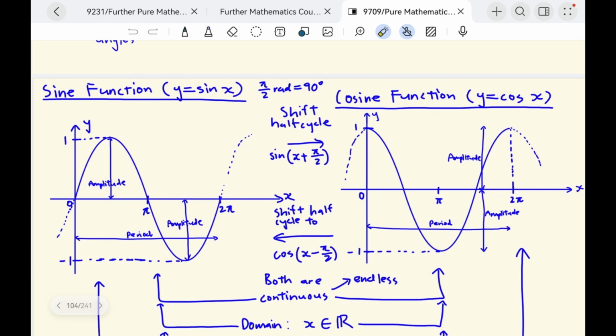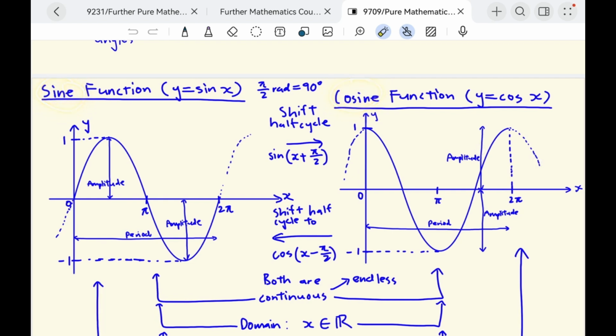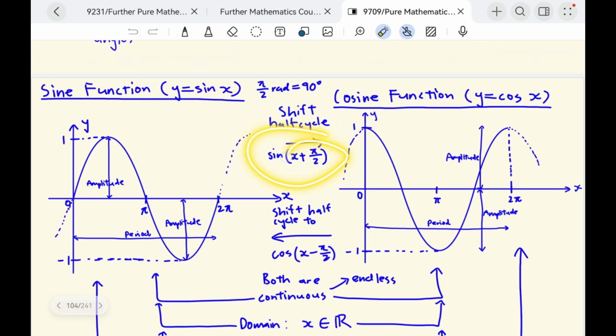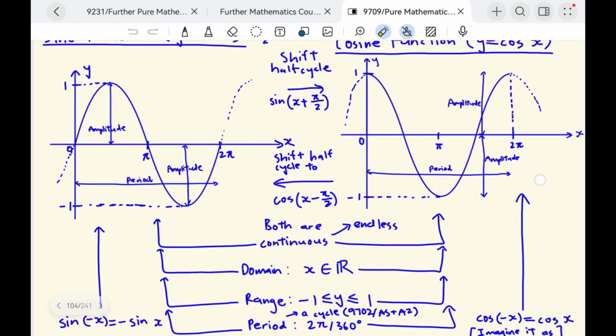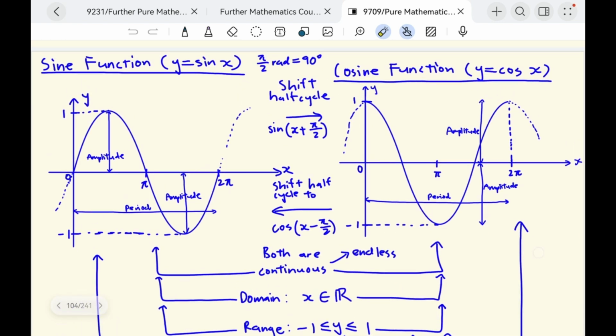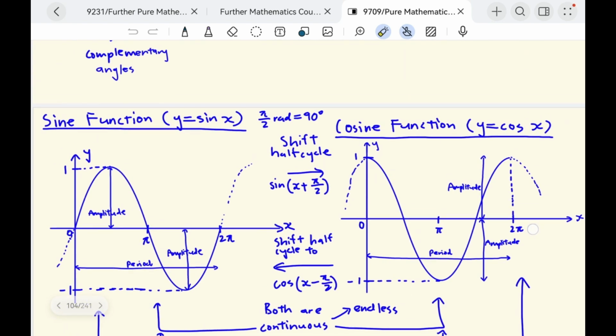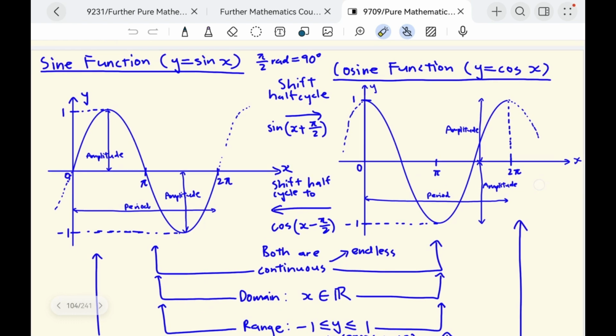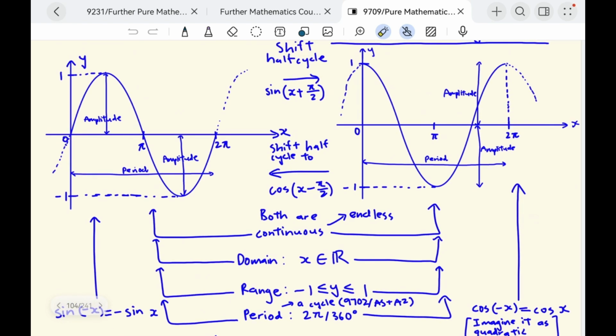So therefore, relating sine and cosine only involves the exchange of the quarter cycle by pi over 2, because pi over 2 represents 90 degrees, right? So please remember this relationship between the sine and cosine because of their same pattern of the graph, which is a sinusoidal wave.